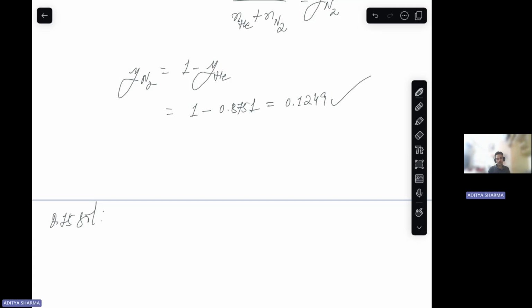So first we will calculate the individual specific heats for both helium and nitrogen, and then based on the mass fraction of helium and nitrogen, we will calculate the total Cp. Right?